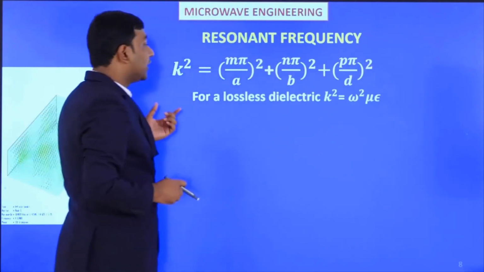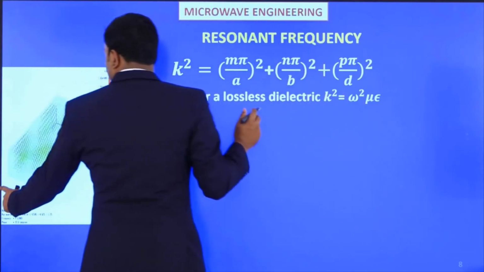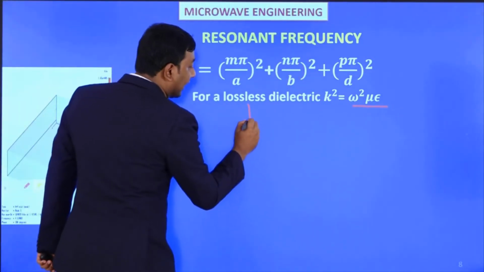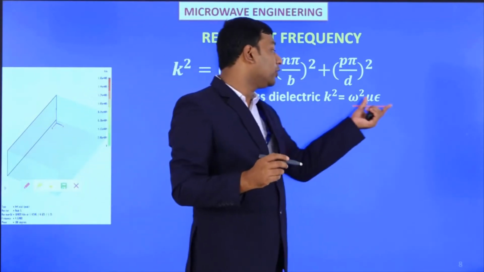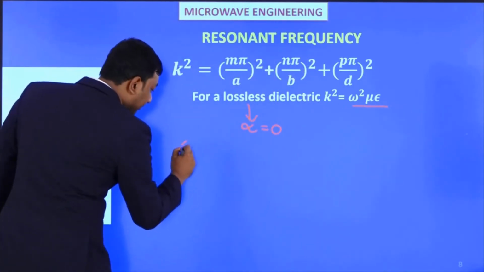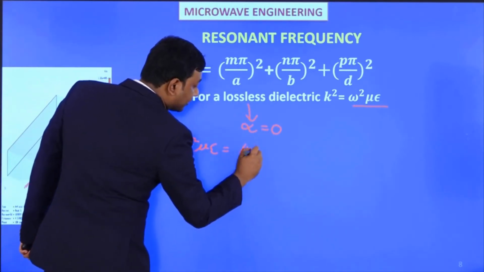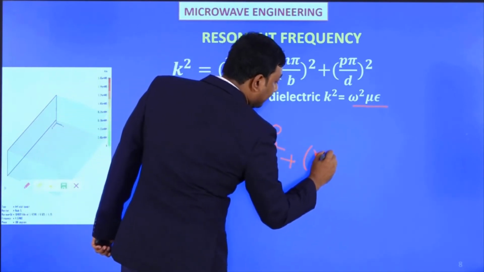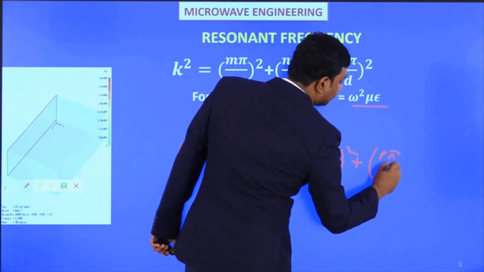So for a lossless dielectric, we know the value of k square is omega square mu epsilon. For a lossless dielectric, the alpha value is 0, so no losses occur. So if we place k square equal to omega square mu epsilon, then we can write omega square mu epsilon equal to m pi by a whole square plus n pi by b whole square plus p pi by d whole square.